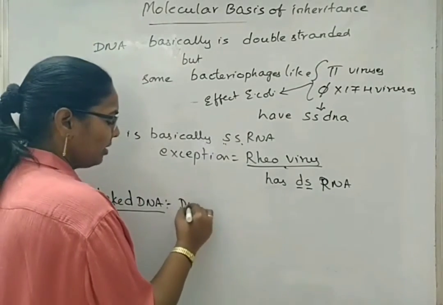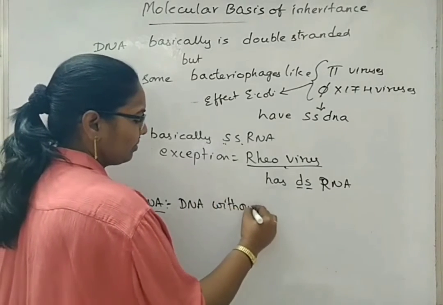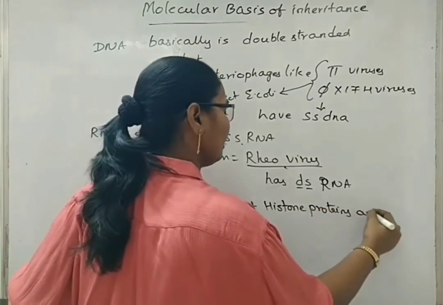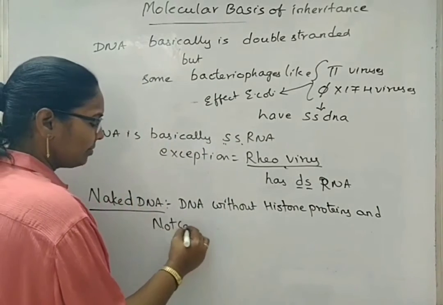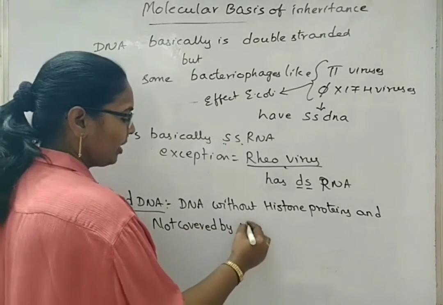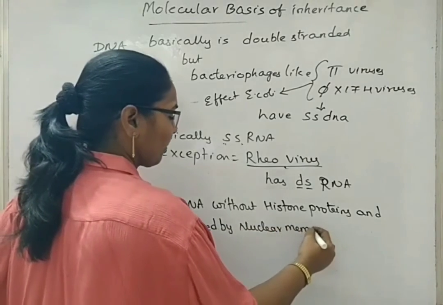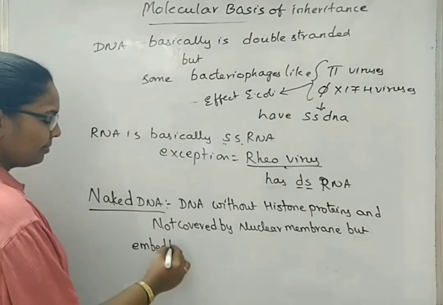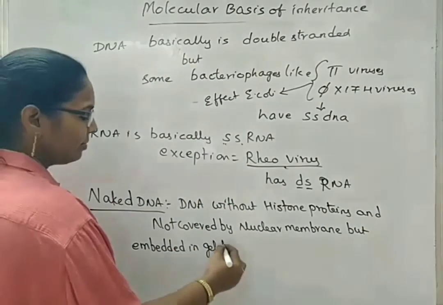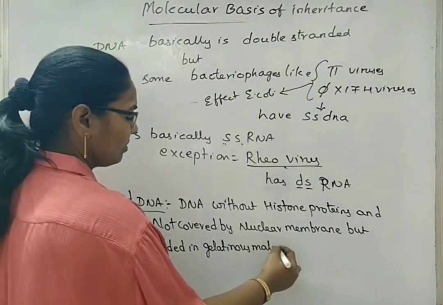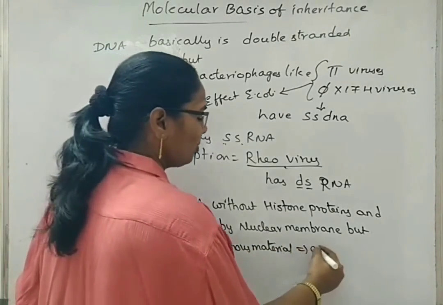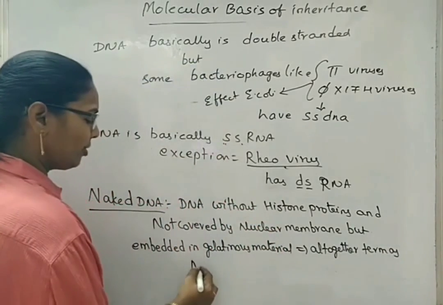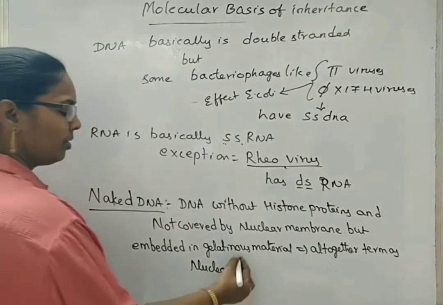So, DNA without histone proteins and not covered by nuclear membrane but embedded in gelatinous material is altogether termed as nucleoid, or genophore.